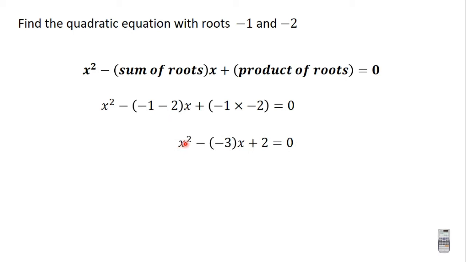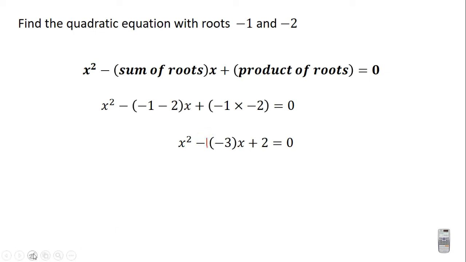So you have x squared minus into bracket -3x, and -1 times -2 gives us +2. So we have x squared minus into bracket -3x plus 2 is equal to 0. This minus here is the same as -1.